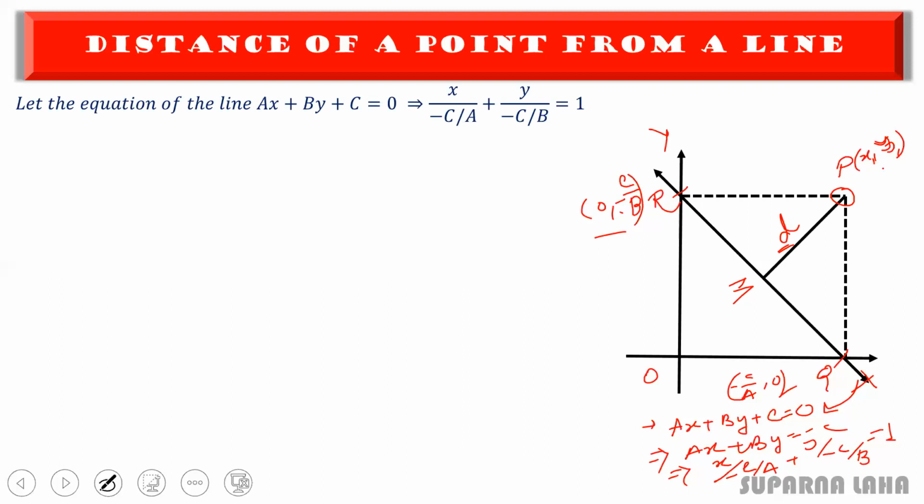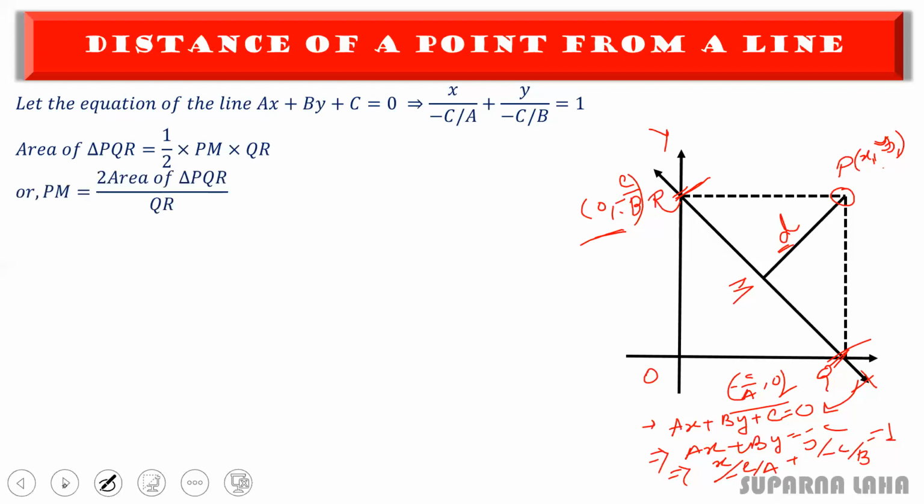Now if the three points of a triangle are given, you can easily find the area of the triangle, and we can write the area as half into base into height. What is RQ? RQ is the distance between two points whose coordinates are given. So from here you can write PM equals 2 into the area of triangle PQR divided by the distance RQ.